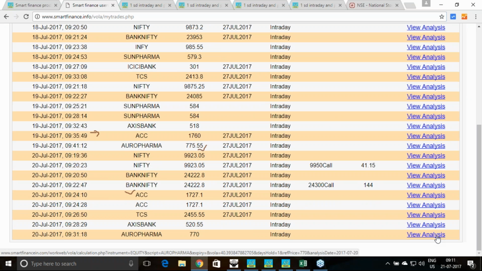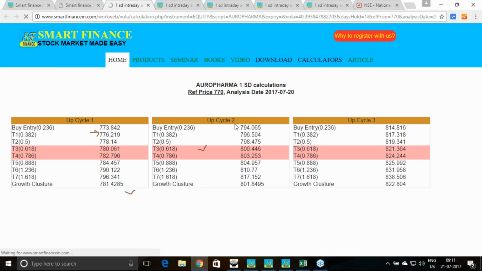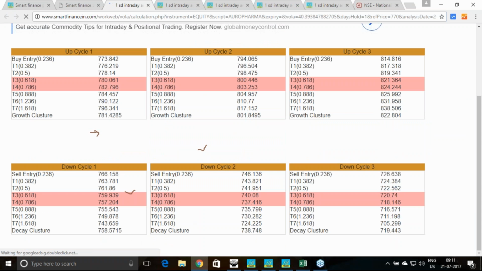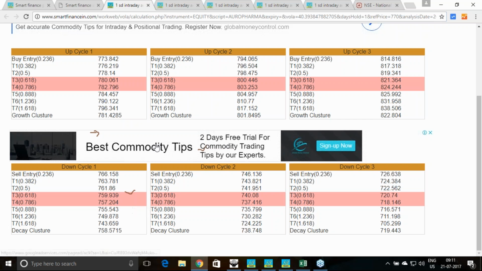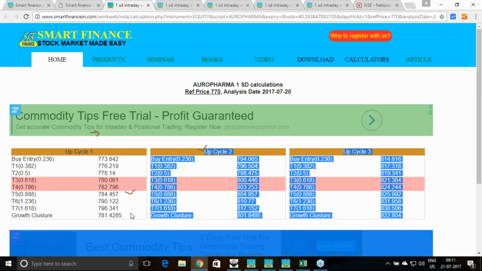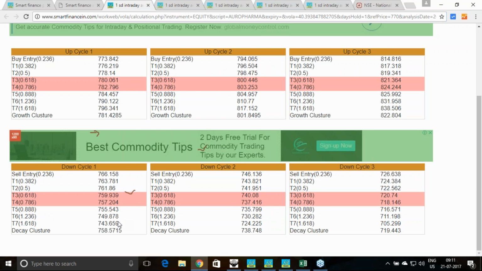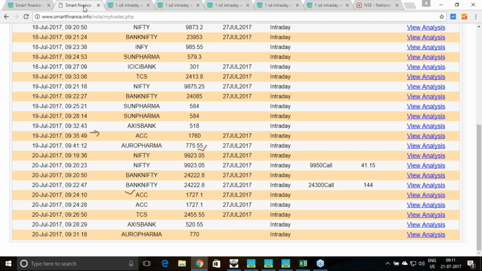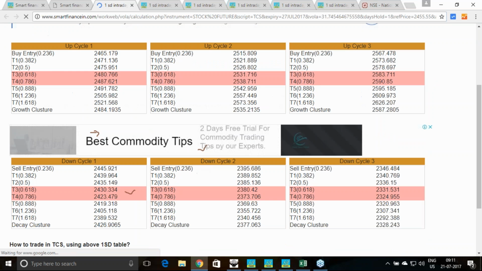Aurobindo Pharma, as Krishna Makwana said, we achieved good success. Yesterday, till 49 we had a downtrend, and 748 points and odd we achieved. TCS also, in the futures segment, we achieved great success.